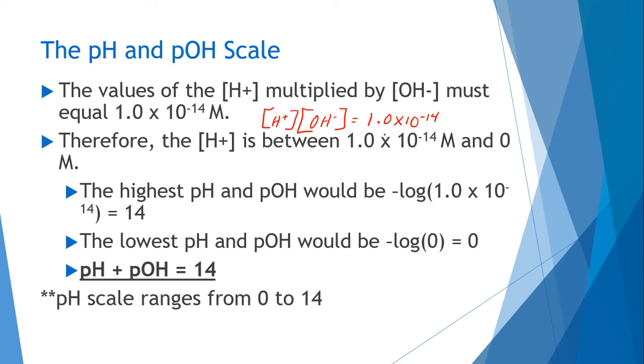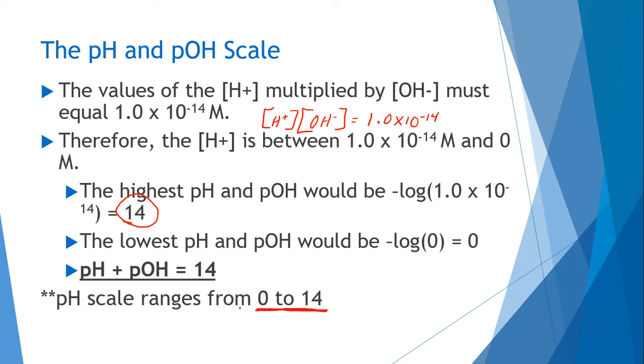Because of that, if we take the negative log of 1.0 times 10 to the negative 14th, the highest pH or pOH I'm allowed to have is 14. On the opposite end, the lowest pH or pOH you're allowed to have is the negative log of 0, because if you have nothing, that's 0. So our pH and pOH scales tend to range from 0 to 14.